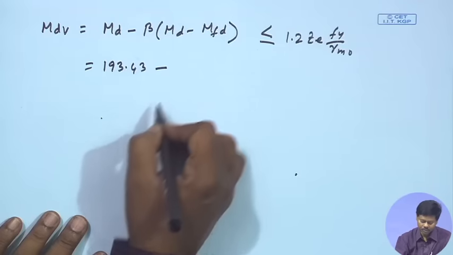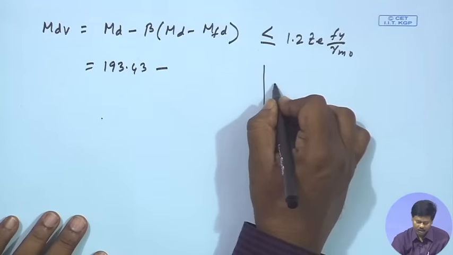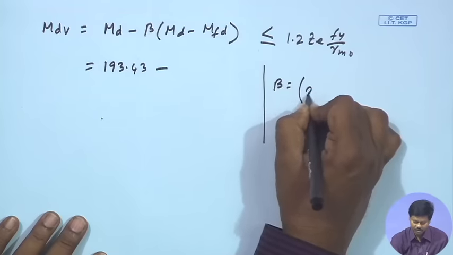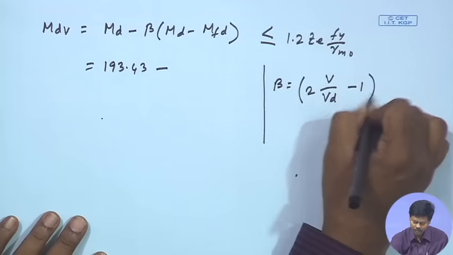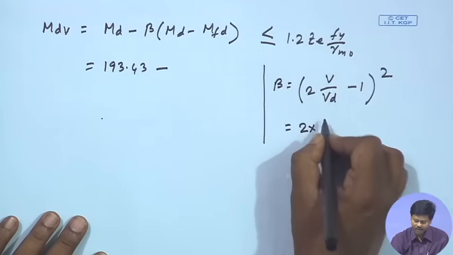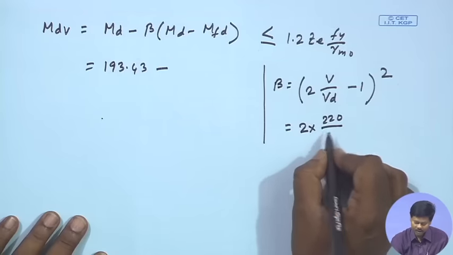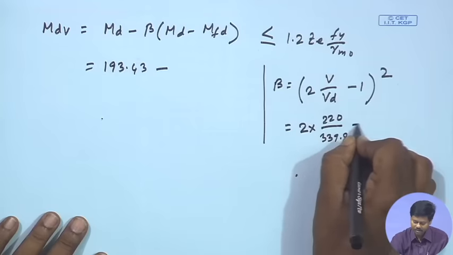Beta is the reduction factor which can be written as (2 V by Vd minus 1) whole square. So, beta value we can find out: 2 into Vu, which is the 220 kilonewton shear force, and the shear strength of the section we calculated as 339.8.